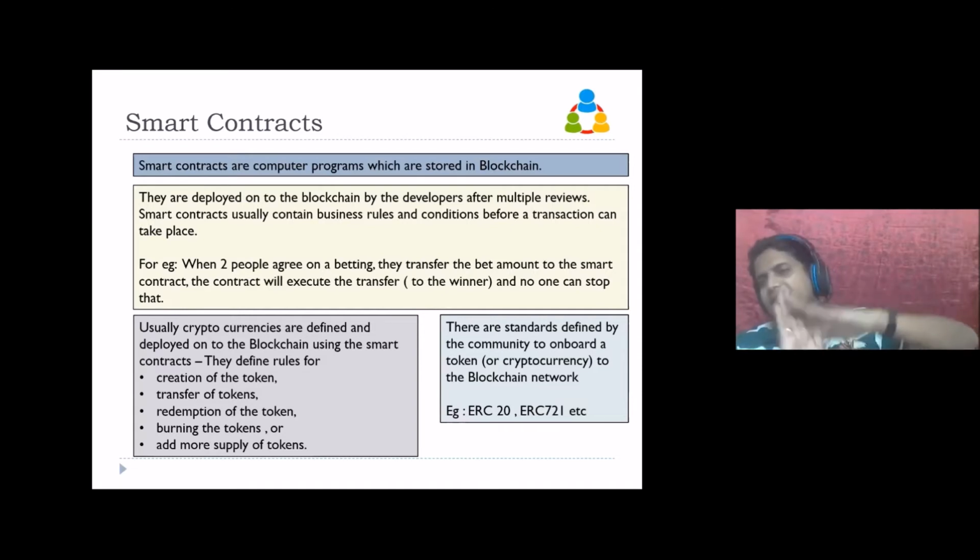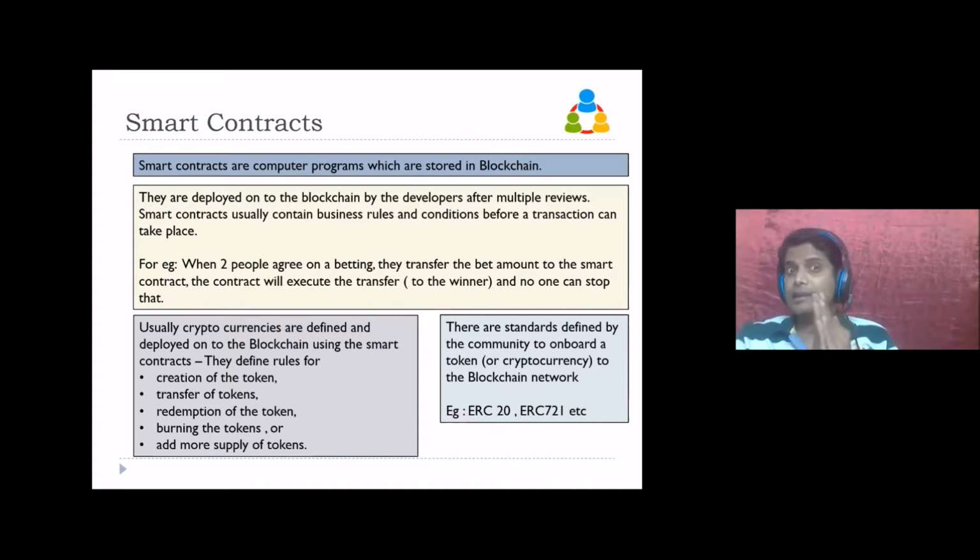There is a condition written onto the smart contract, and it says that if India wins, 10,000 plus 10,000, 20,000, will be paid to Rahul. If India loses, 20,000 will be paid to Ram. So you can write a condition and then put the money onto the smart contract.